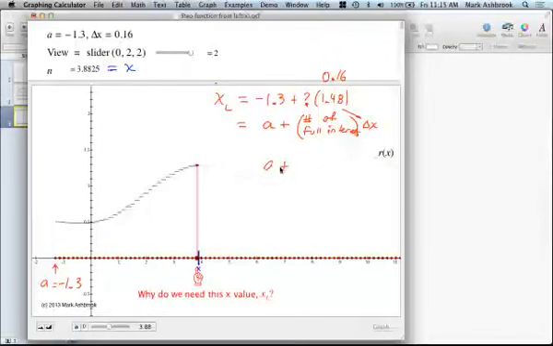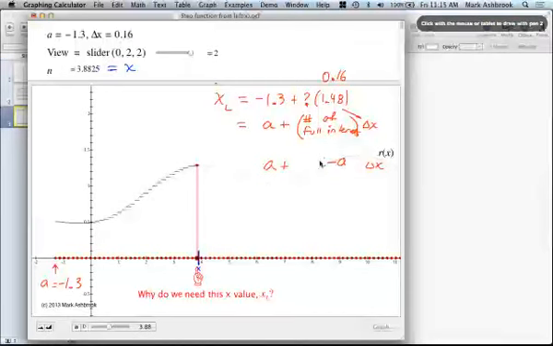Can you give me the idea of x minus a over delta x? What is that all about? If we take x minus a, that's the distance from our starting value to our desired value, or to our current value of x?